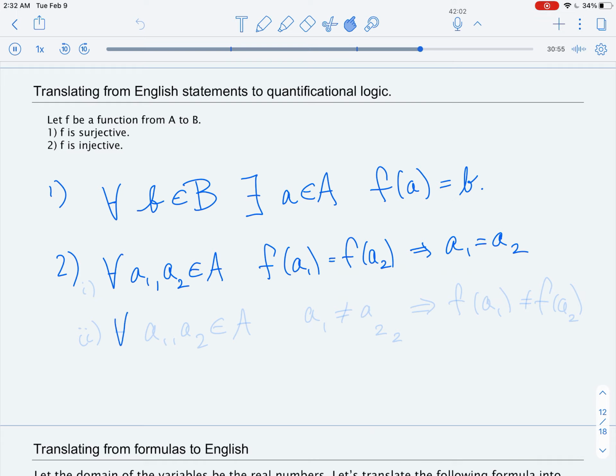So for any a1 and a2, so any two points in the domain, a1 not equal to a2 implies that f of a1 is not equal to f of a2.